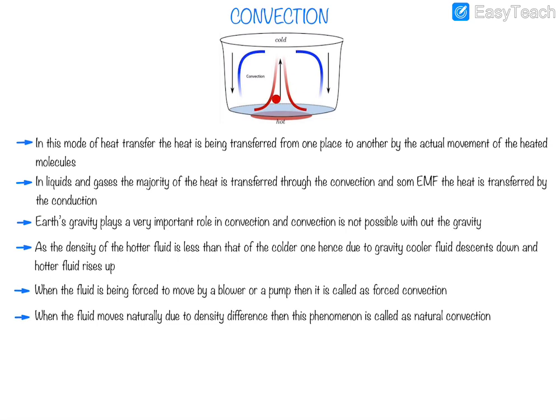This flow of liquid is called convection current, and it is also referred to as natural convection. It is natural because it occurs without any forceful movement, and it occurs due to density difference.